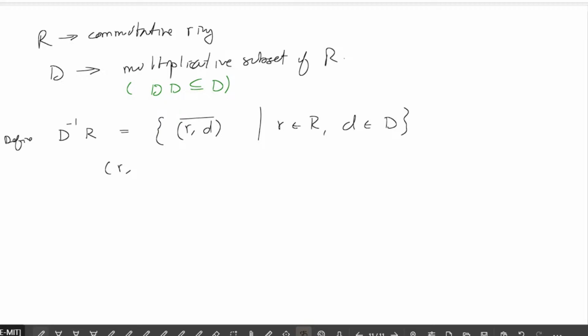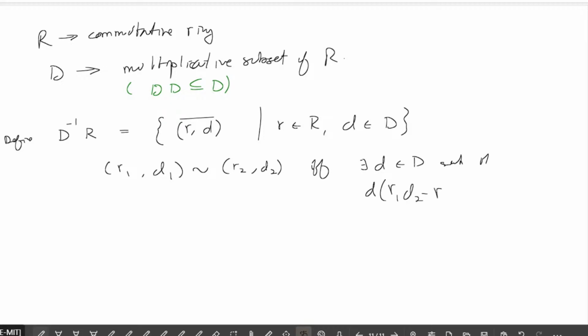Say (r1, d1) is equivalent to (r2, d2), and you can verify that it's an equivalence relation, I'm not going to do it, if and only if there exists some p in D such that p times (r1 d2 minus r2 d1) is equal to 0.